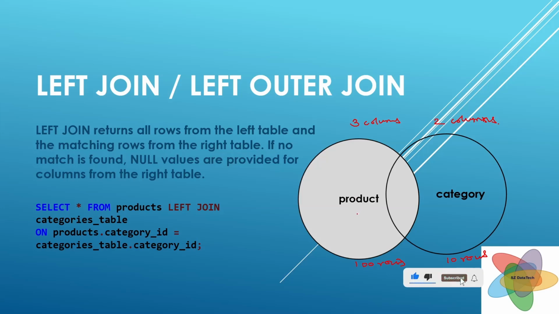Let's assume only 30 rows match, so the category ID of 30 rows from the product table matches the category ID of the category table. Still it returns 100 rows, and since we are using left outer join, we will get 5 columns in our output result, 3 and this 2.